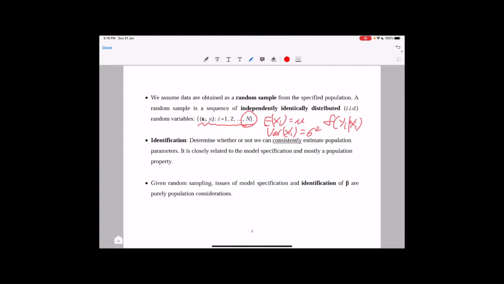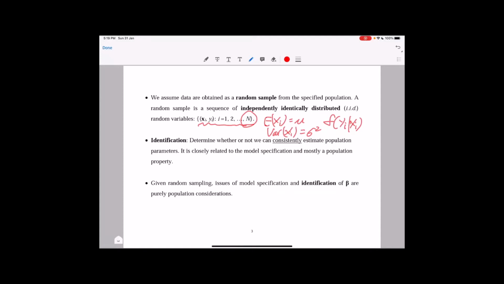So what is identification? It means determining whether or not we can consistently estimate population parameters, the betas. It is closely related to model specification and is mostly a population property.